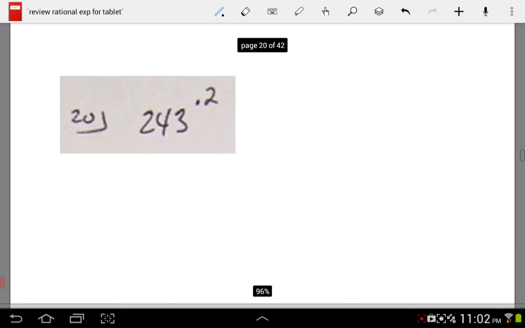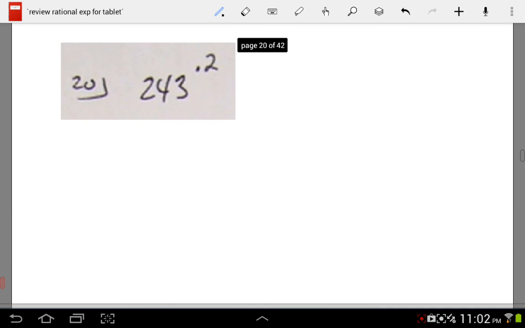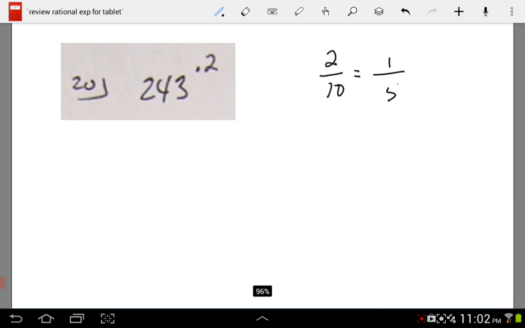Okay, number 20. Now we got 243 to the 0.2 power. Now it's kind of hard to simplify that when we have 0.2. So what we want to do here instead is write 0.2 as a fraction. Now 0.2 is 2/10, and 2/10 would reduce to 1/5. So I just have here 243 to the 1/5 power.